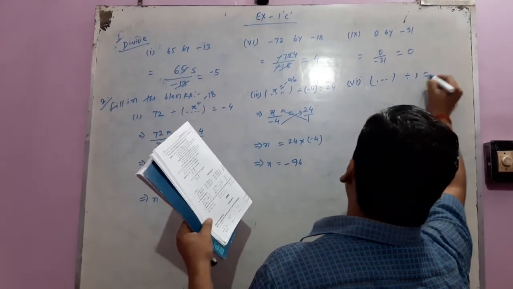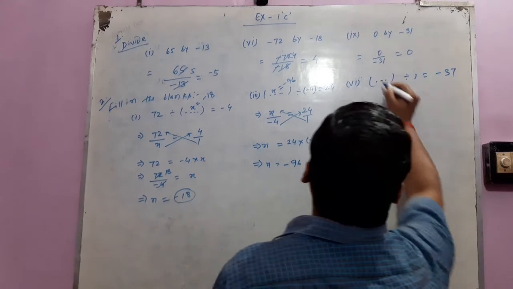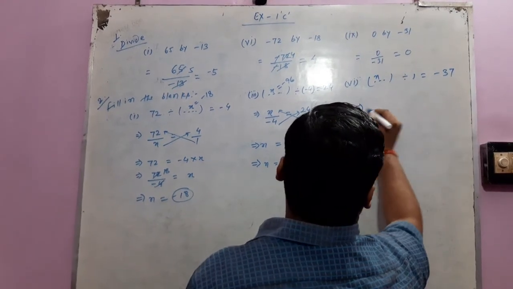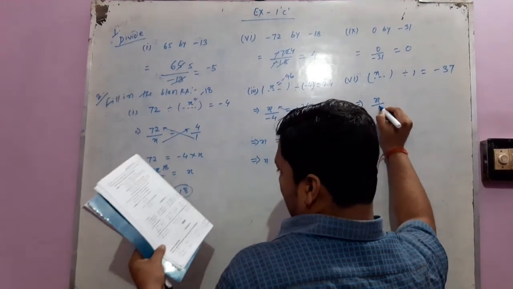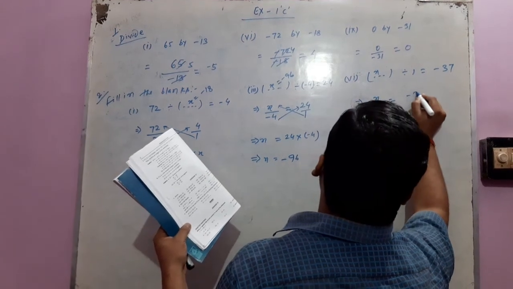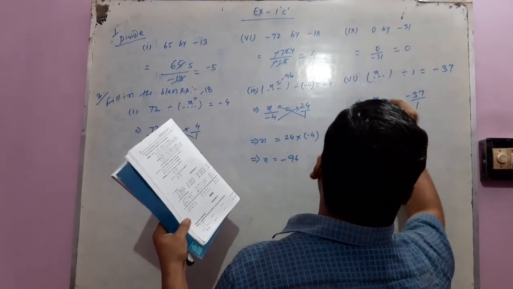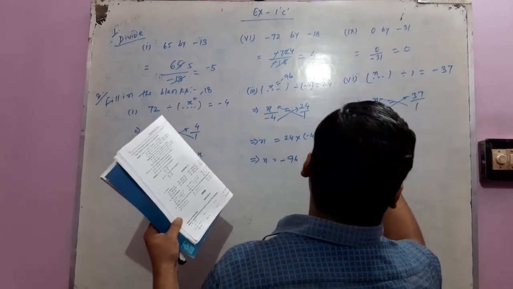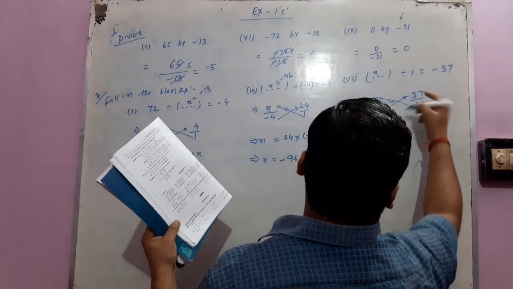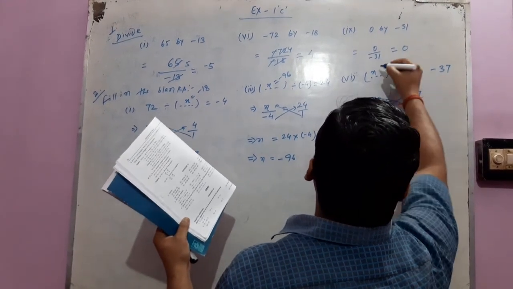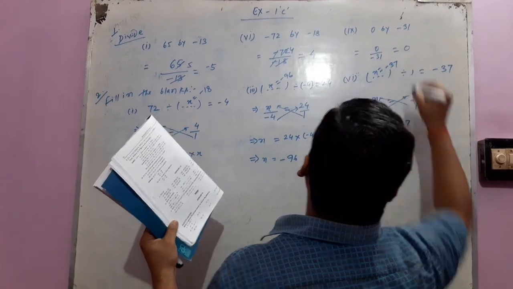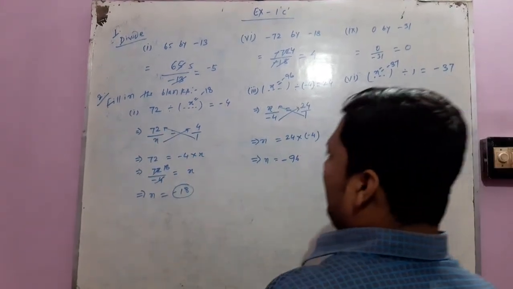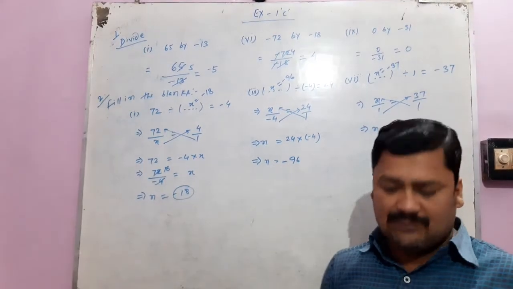A blank divided by 1 is equal to minus 37. Consider this number x. So x divided by 1 is equal to minus 37. Again we cross multiply. So x is minus 37. This way you can solve the rest of the problems of question number 2.